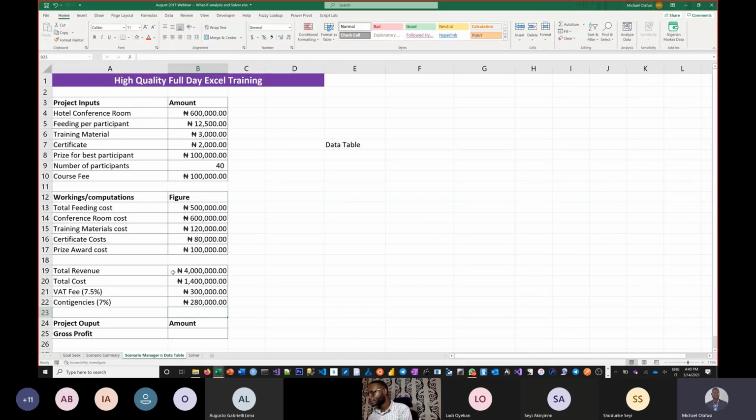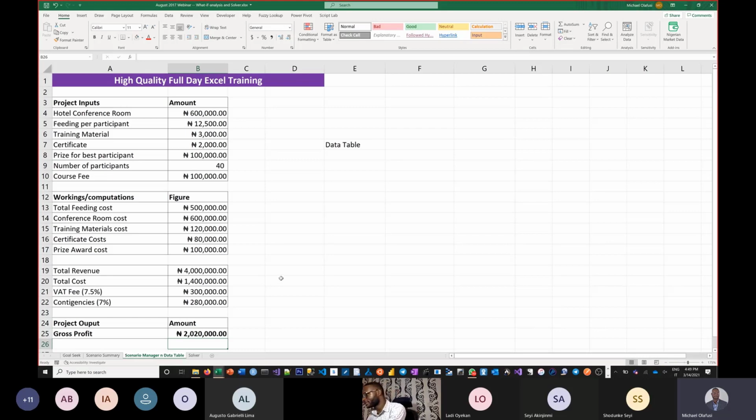Okay, so this is me fleshing out the entire project, right? So now if I do this, I can know what our gross profit is. Are we even going to have any money to take back to the company after this training, before we start talking about people's salary and all of the rest? So gross profit, after taking out all these direct expenses, what do we have? So this is really profitable.